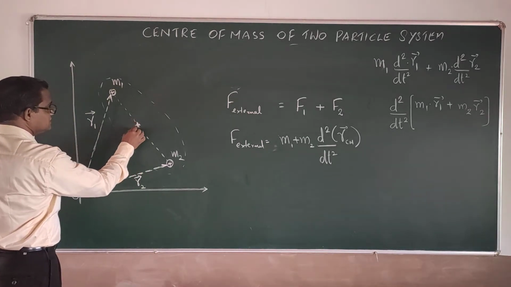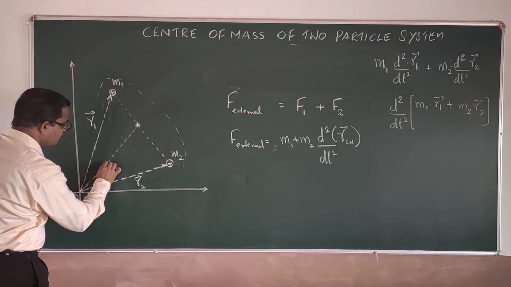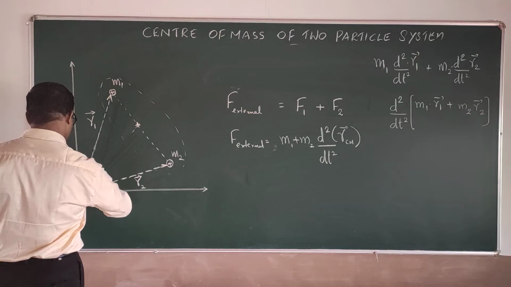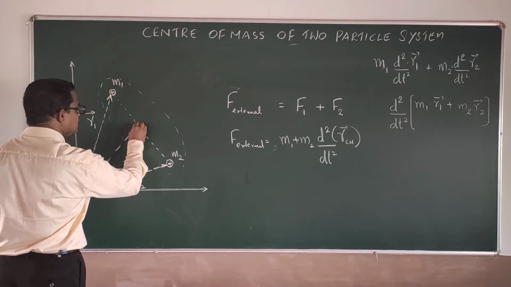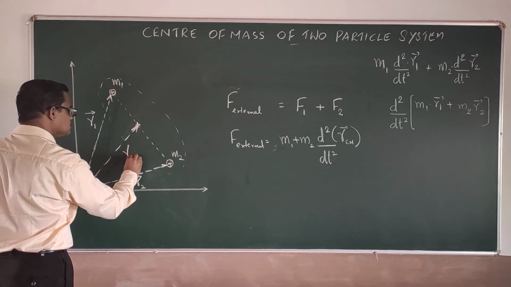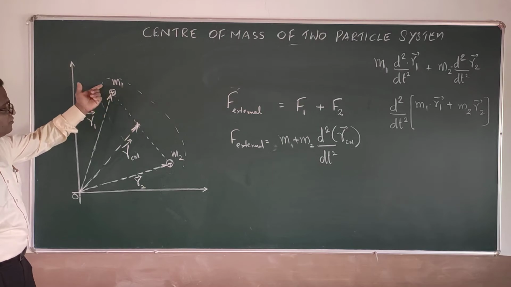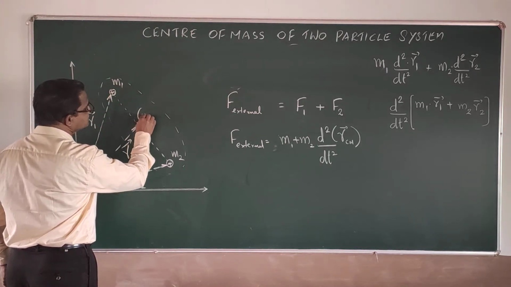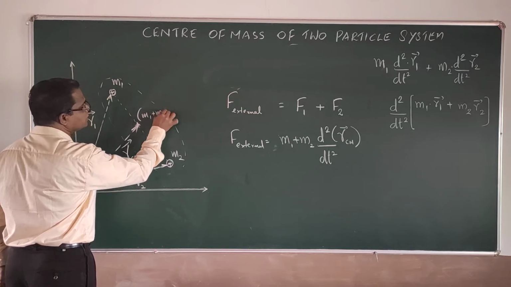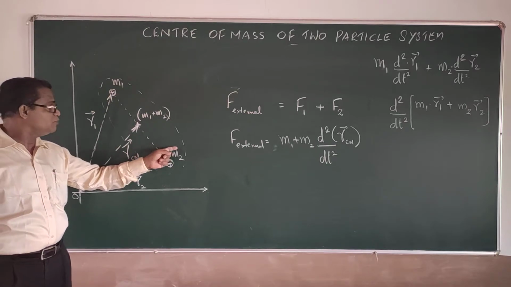And here the center of mass is coming from the system. Then, if that is the position of the center of mass, I can assume this as RCM, the position vector of the center of mass of m1 and m2. And at this point, the whole mass is concentrated. It's supposed to be concentrated. So the mass at this point we can assume as the sum of m1 and m2.